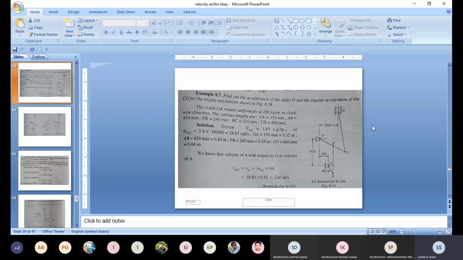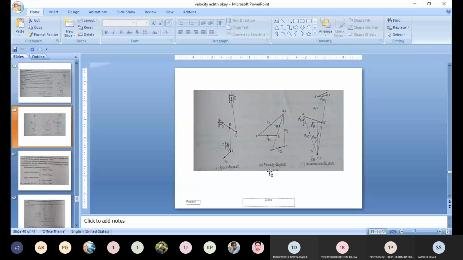Now, as we know that O and P are the fixed points, therefore these points lie at one place in the acceleration diagram.